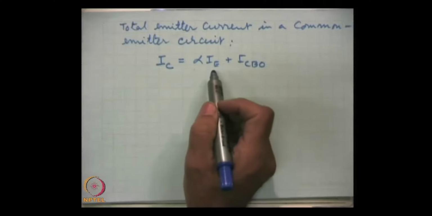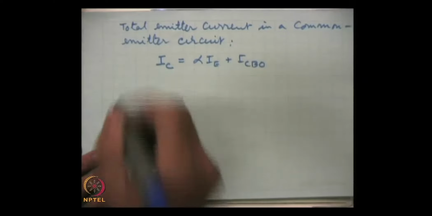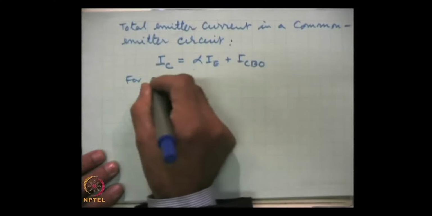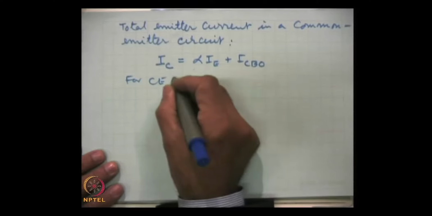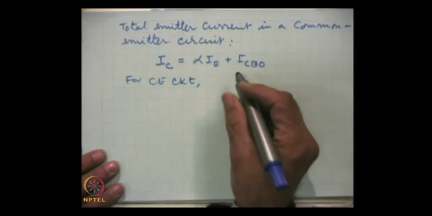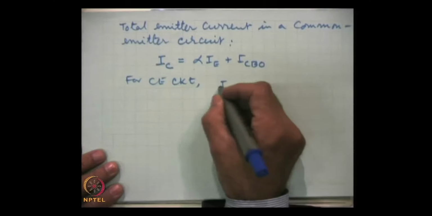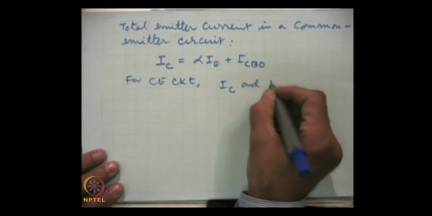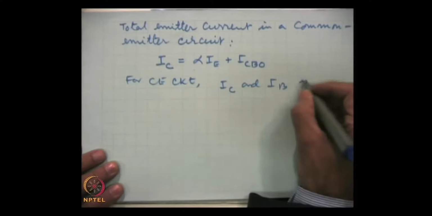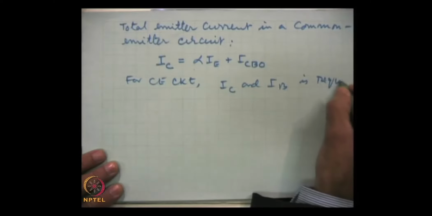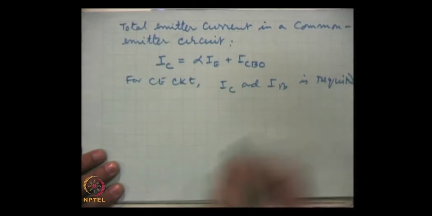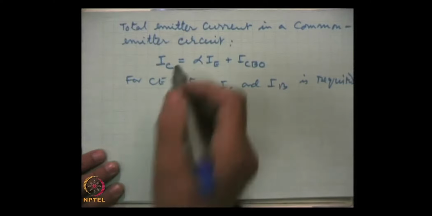Now we need a relationship between IC and IB for the CE circuit. A relationship between IC and IB is required. This we can have from this equation.